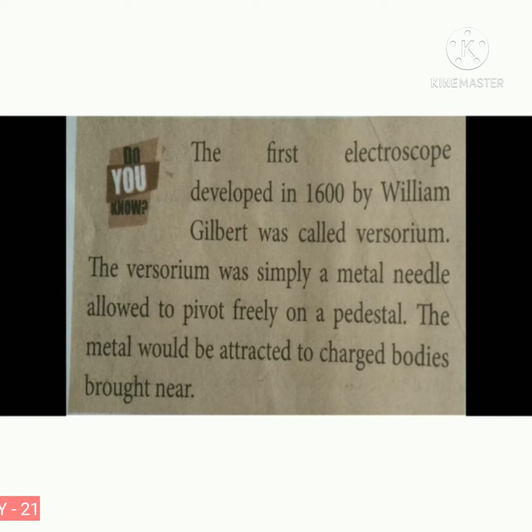The versorium was simply a metal needle allowed to pivot freely on a pedestal. The metal would be attracted to charged bodies brought near. It is the first electrical instrument.